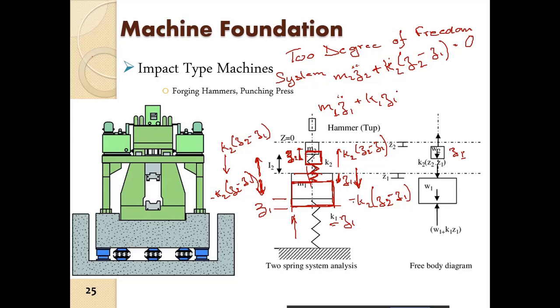So ultimately we can write K2 into Z1 minus Z2 is equal to 0. Okay, so I hope at least this part you have understood.